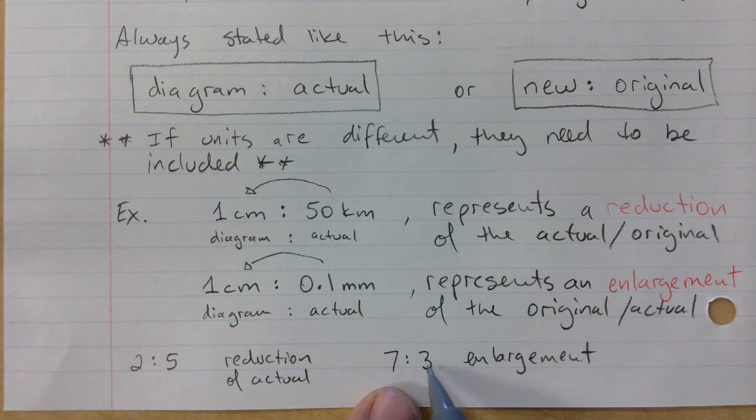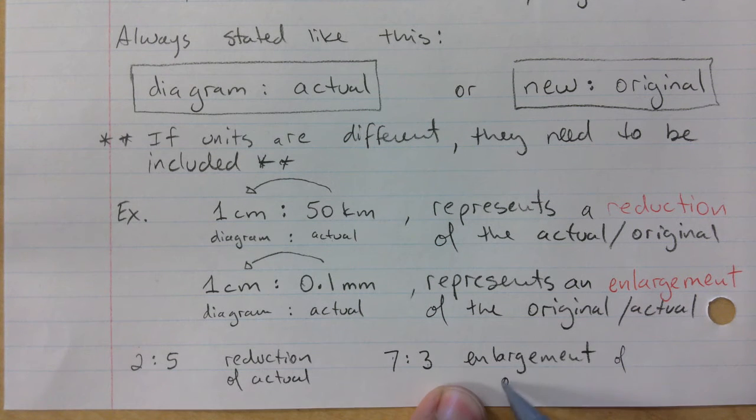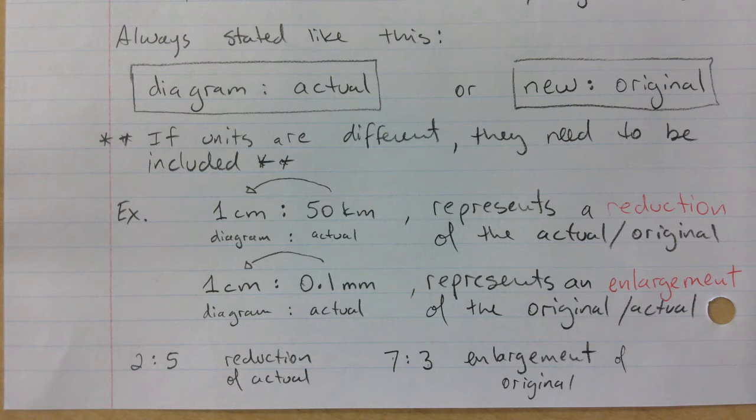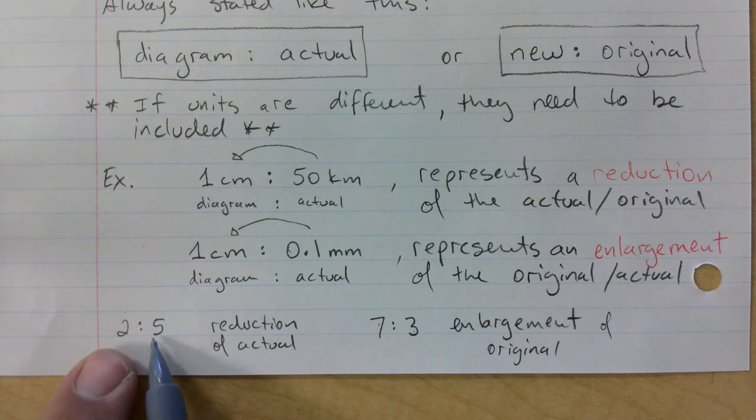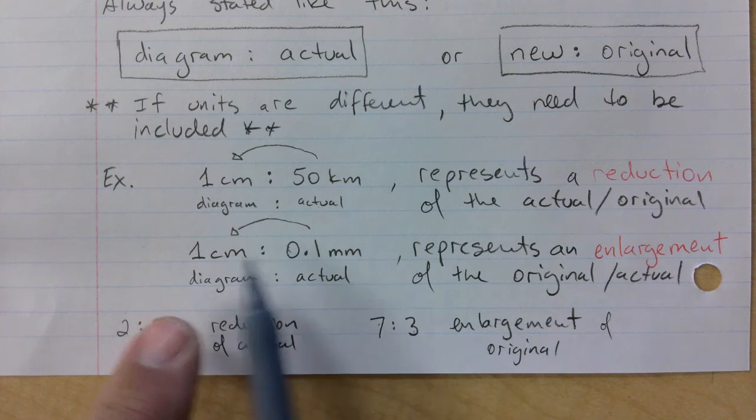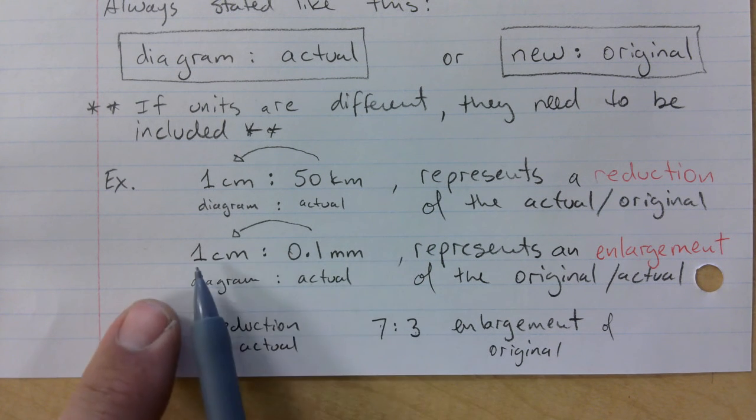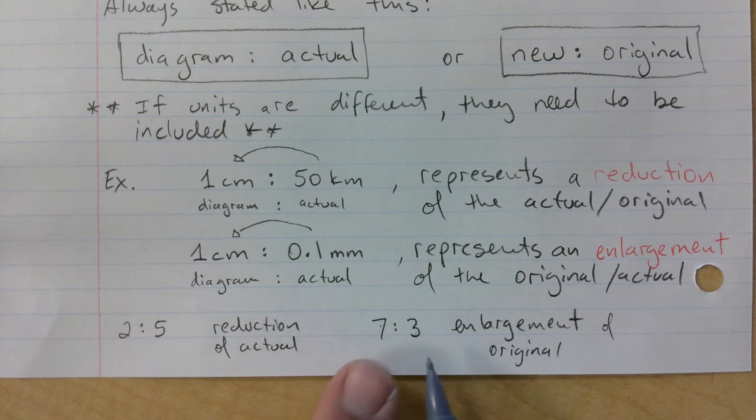Because this is the original and the diagram will end up being an enlargement of the original. So no units, meaning the units were the same, you cancel them out. That's actually what happens. If you happen to have the same units, you can cancel them out and just end up with numbers like that. Okay?